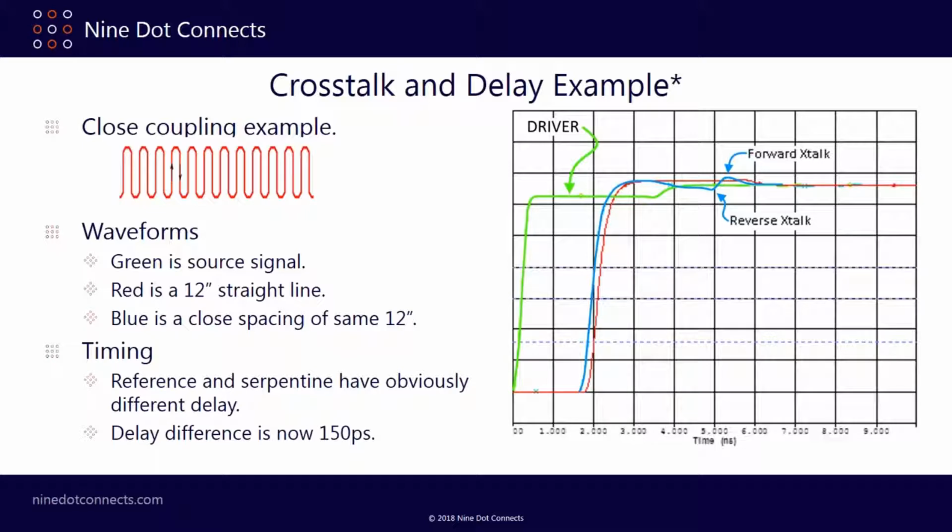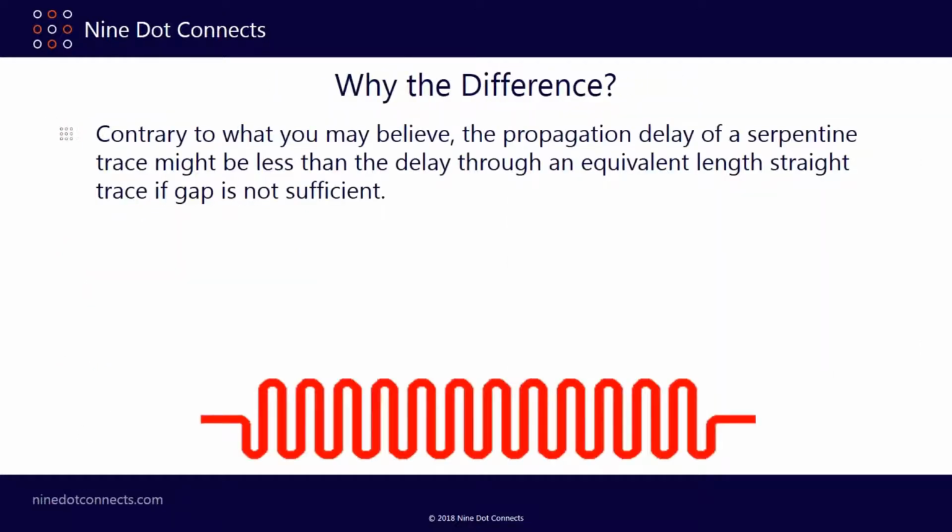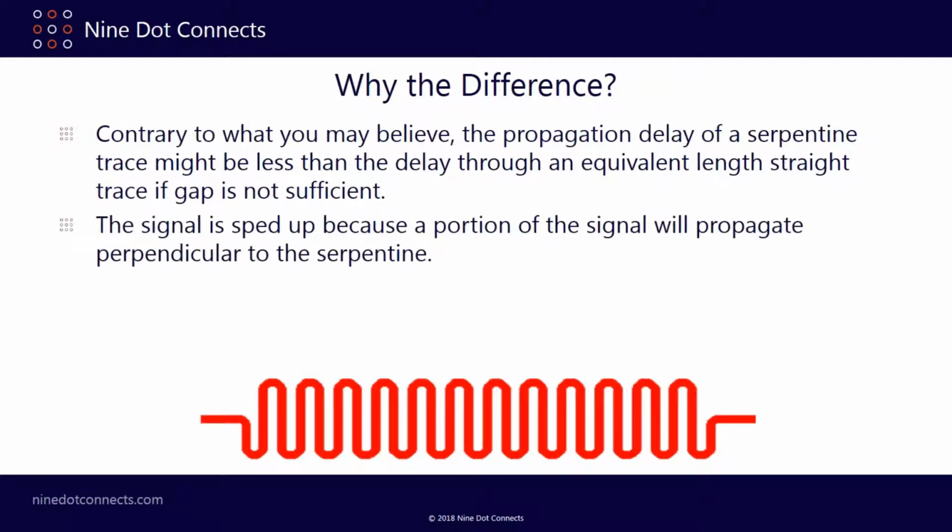This delay ends up being 150 picoseconds. So why the difference? Well, contrary to what you may believe, the propagation delay of a serpentine trace might be less than the delay through an equivalent length of straight trace if the gap is not sufficient. And the signal sped up because a portion of that signal is going to propagate perpendicular to the serpentine.